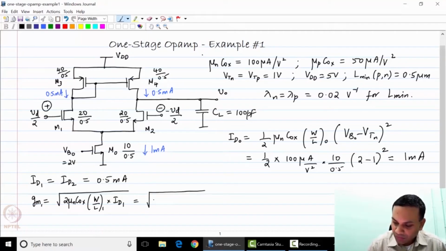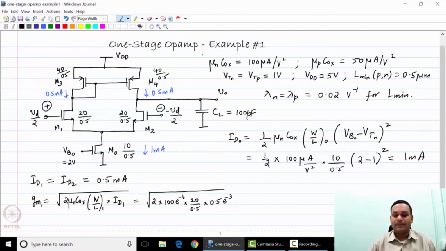This is root of 2 into 100 micro into 20 by 0.5 into 0.5e minus 3.